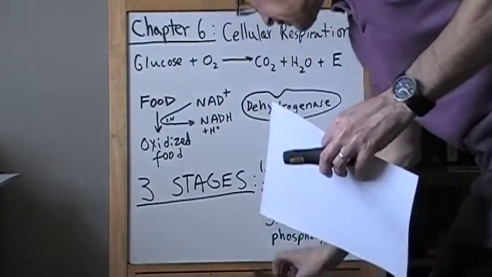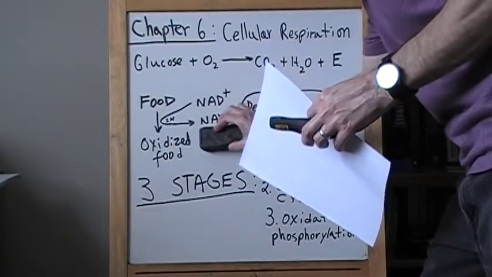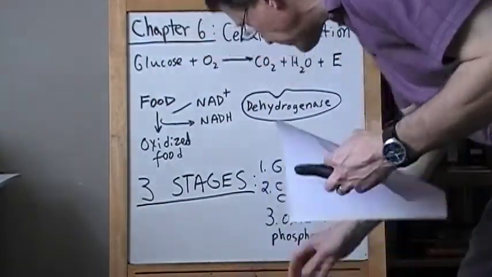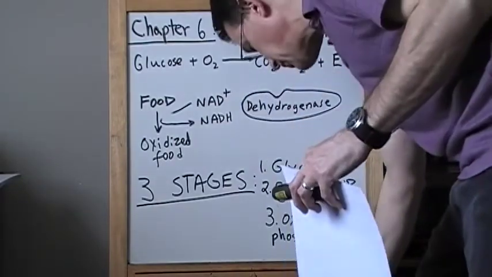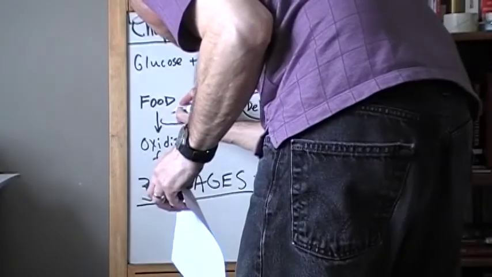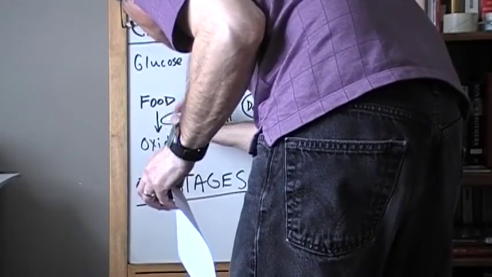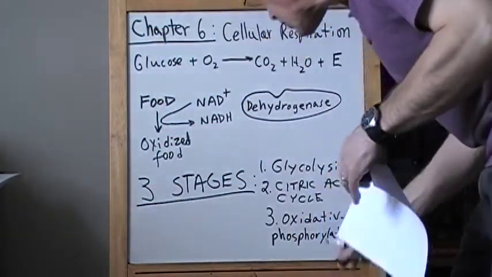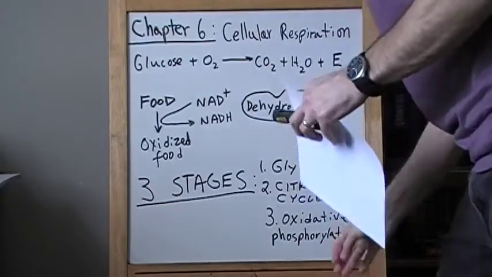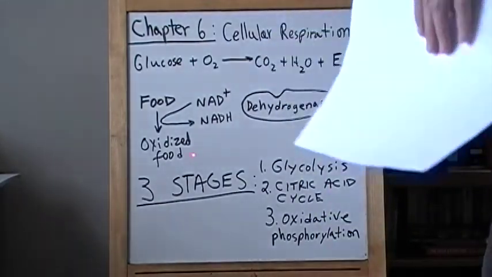For simplicity, it's usually just shown as NAD+ becoming NADH. And the food molecule is then oxidized.